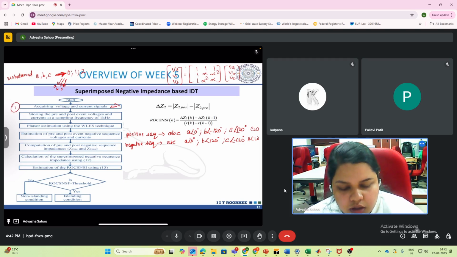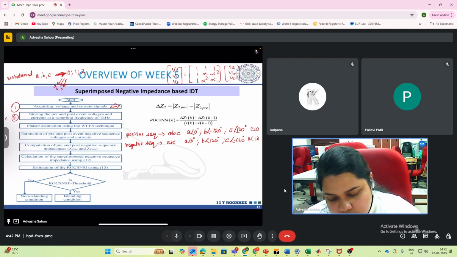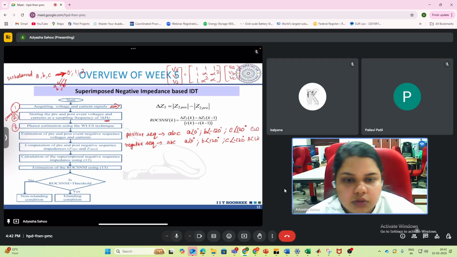So basically you have devices installed, so you acquire the signals and then you get the samples at a sampling frequency of, say, 1 kilohertz, and then you do the phasor estimation using your weighted least square estimation technique, and then you compare the post fault negative sequence impedance and the pre fault negative sequence impedance.